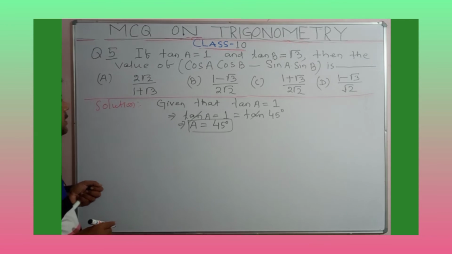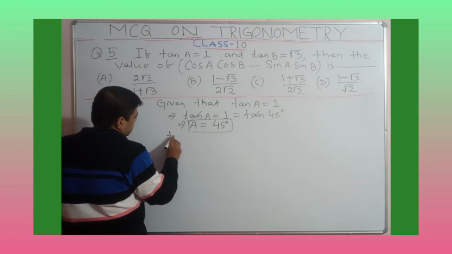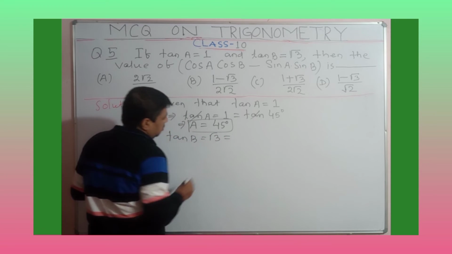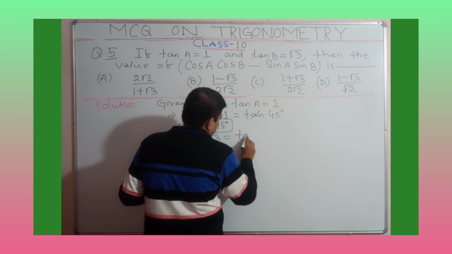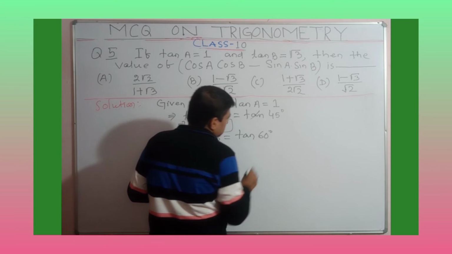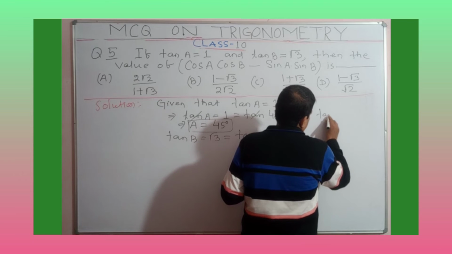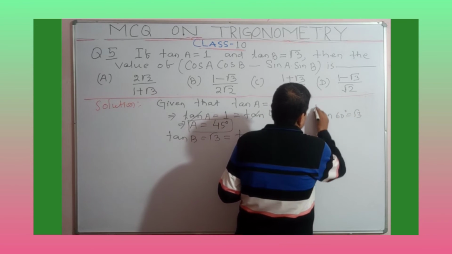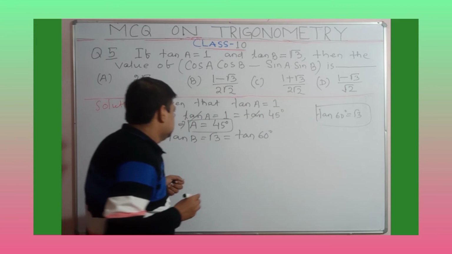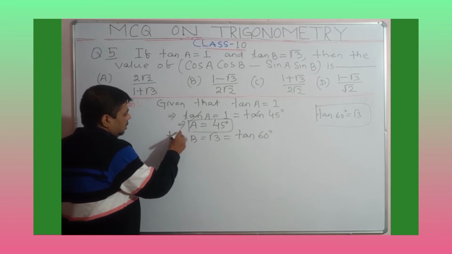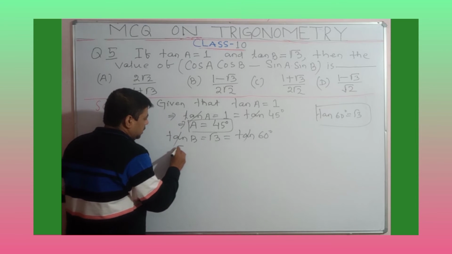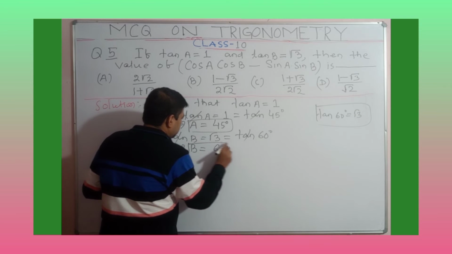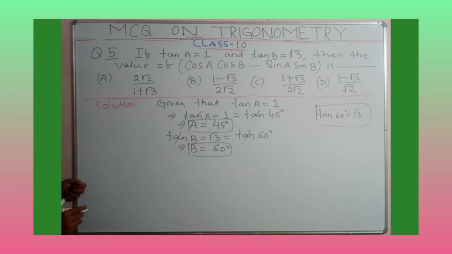Similarly tan B is given as root 3, and we know tan 60 degree is equal to root 3. So in place of root 3 I can write tan 60 degree. Here tan we can cancel on both sides, and after cancellation we get the value of B as 60 degree. So we got the value of B and the value of A.